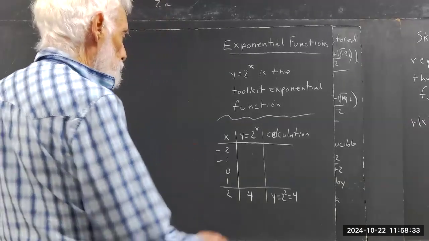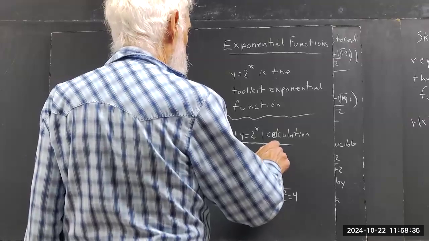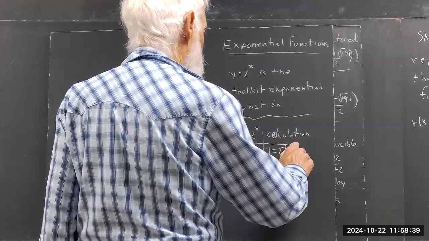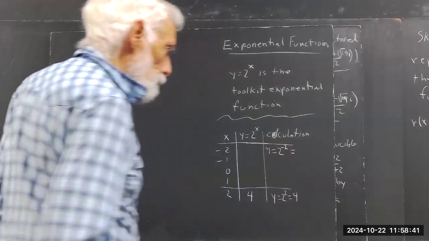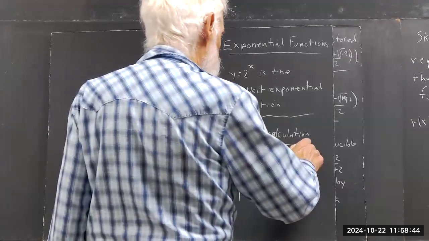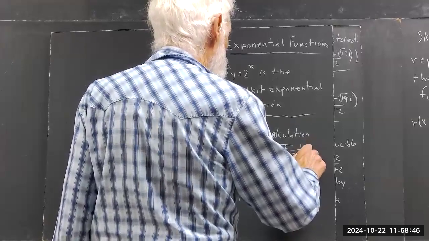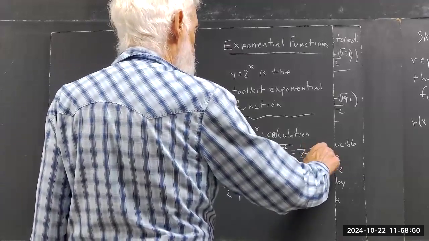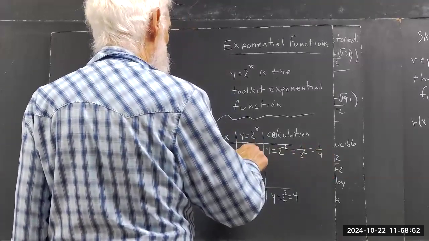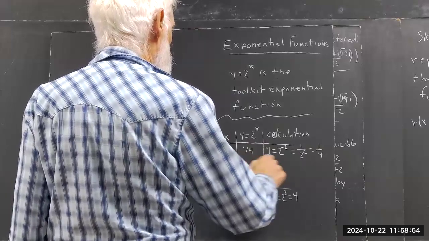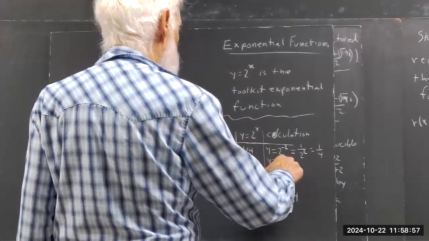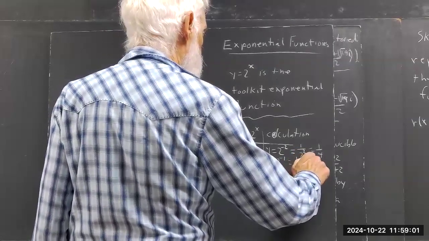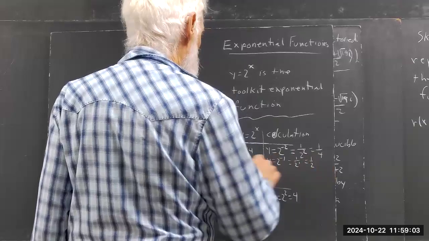X equals -2. You get y equals 2 to the -2. What's 2 to the -2? It's 1 over 2 squared, which is 1/4. For x equals -1, you get y equals 2 to the -1, which is 1 over 2 to the 1, which is 1/2.